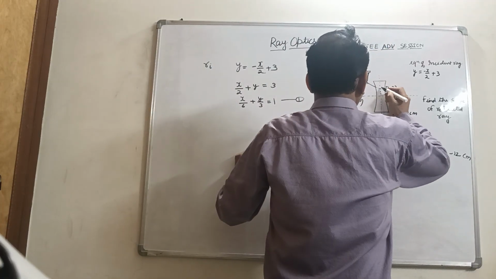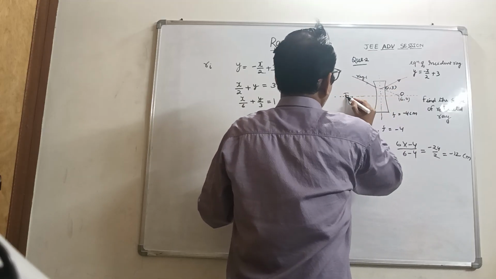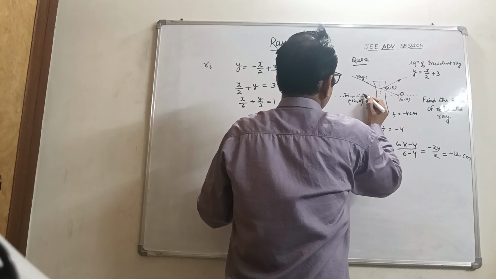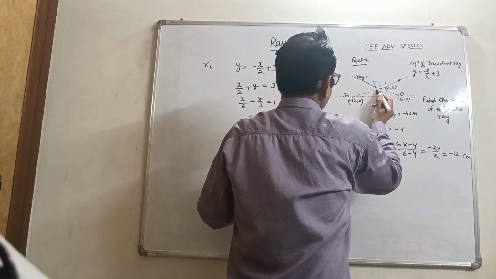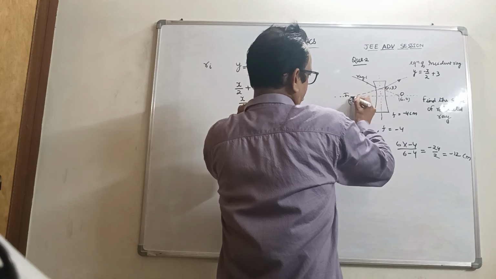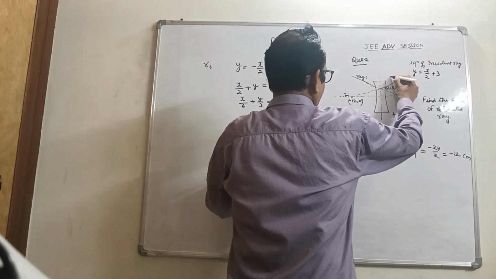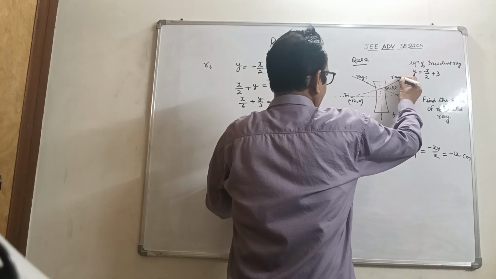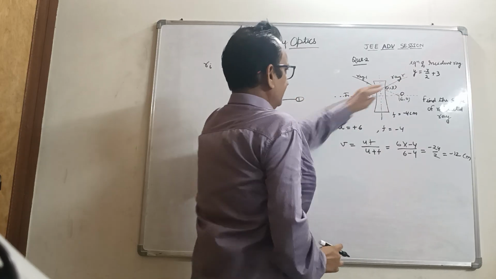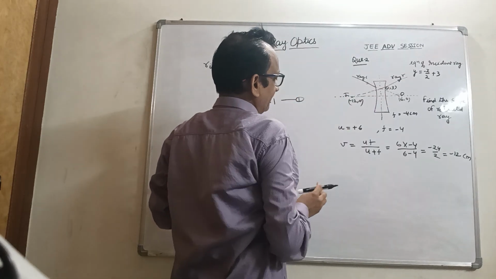So this is the divergence here, and we draw this reflected ray backside. So this is the point I. This is the reflected ray, and we have to find the slope of this reflected ray.